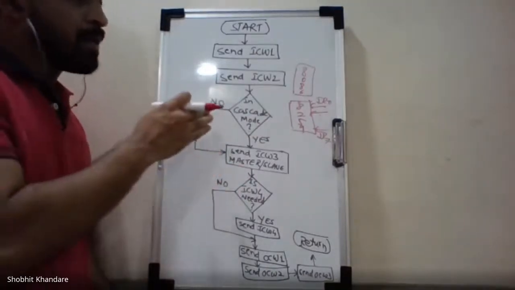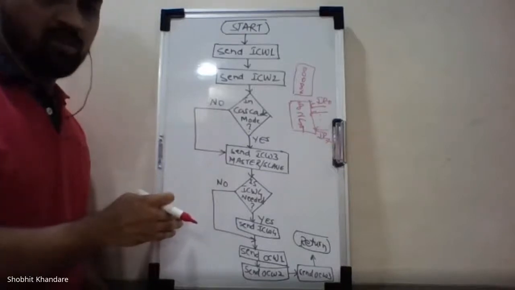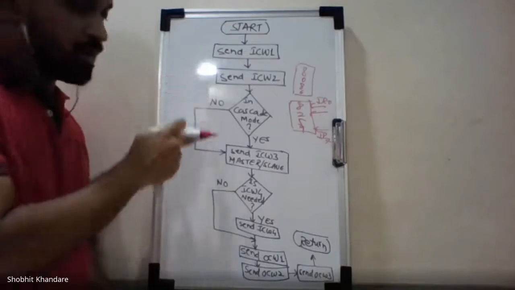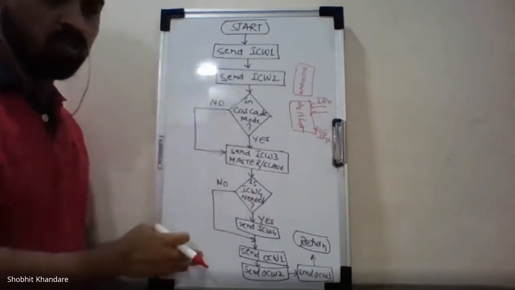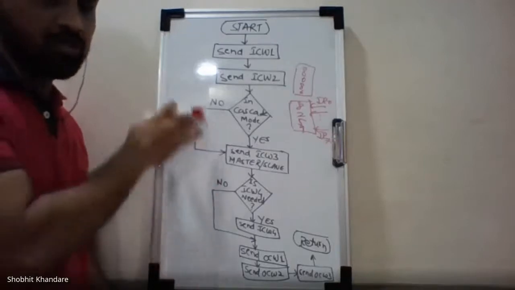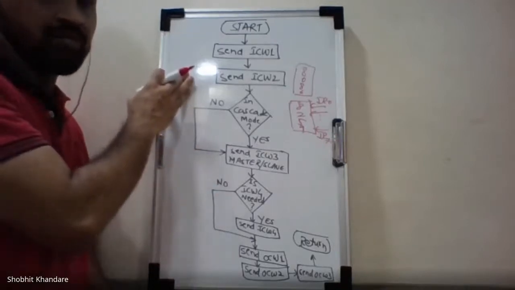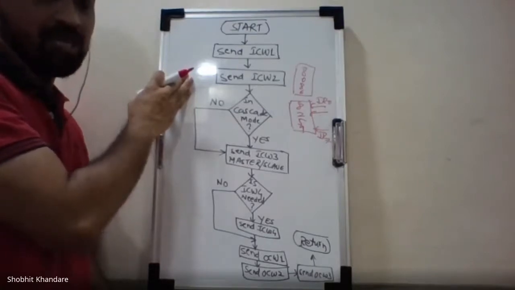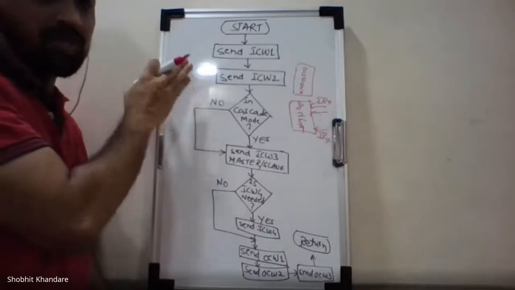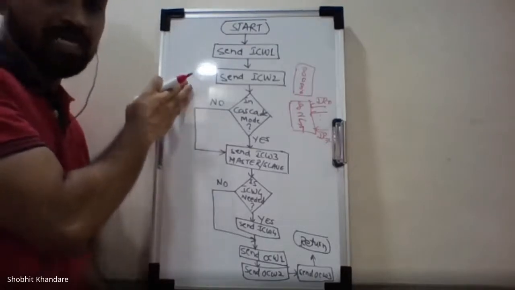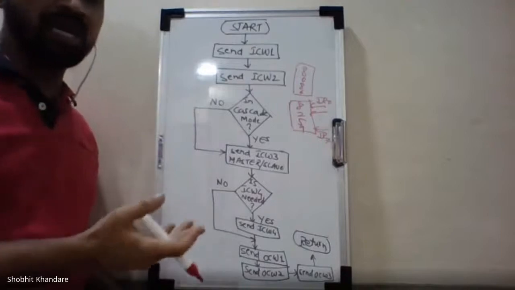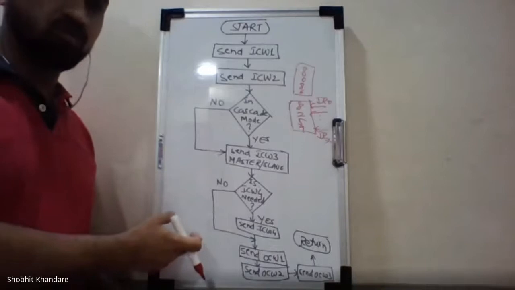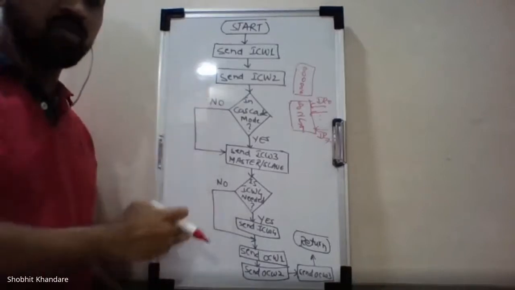So whenever I'm talking about the sequence, you should know that your ICWs will come first, followed by OCWs. What is the meaning of ICWs? Initialization. I have to initialize. This is to start the processing. So ICWs have to be set. ICWs होने के बाद operation क्या करना है, in what interrupt mode you want, everything will be explained by the OCW. So the sequence is ICWs then OCWs.